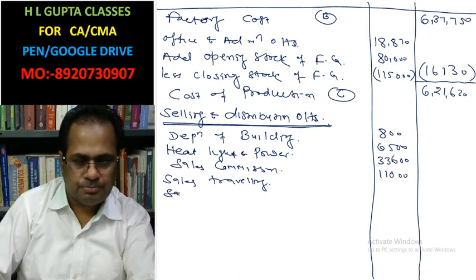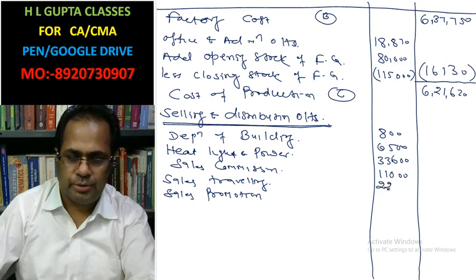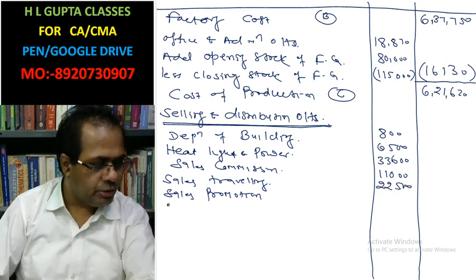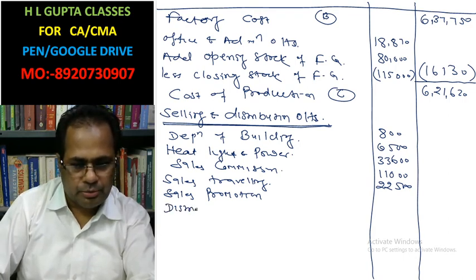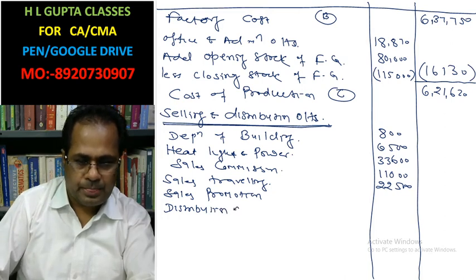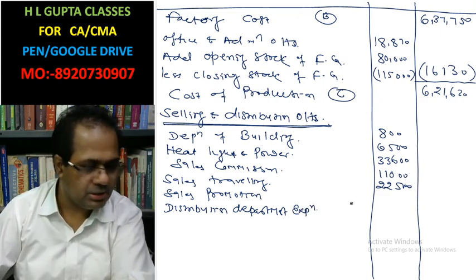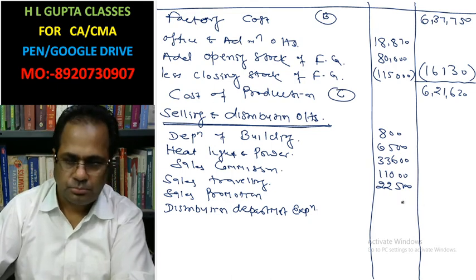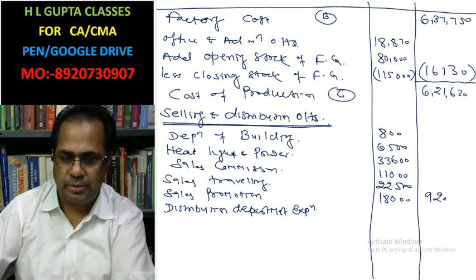Sales promotion 22,500. Distribution department expenditure 18,000. Total selling overhead is 92,400.